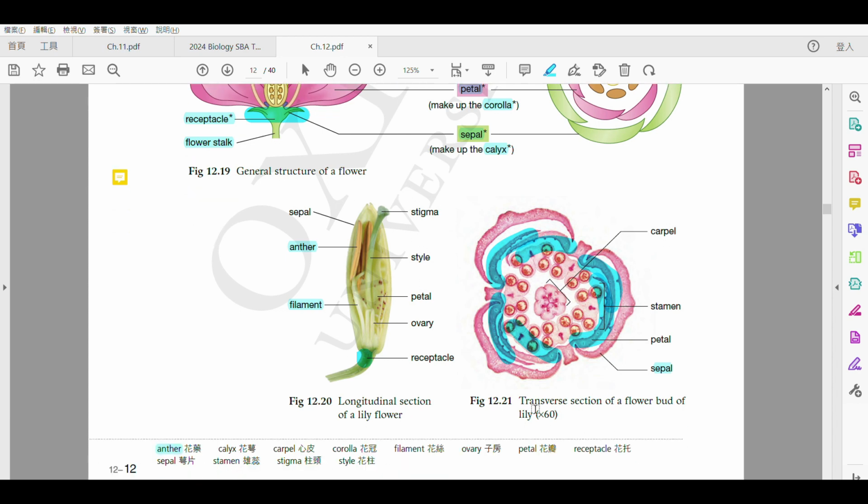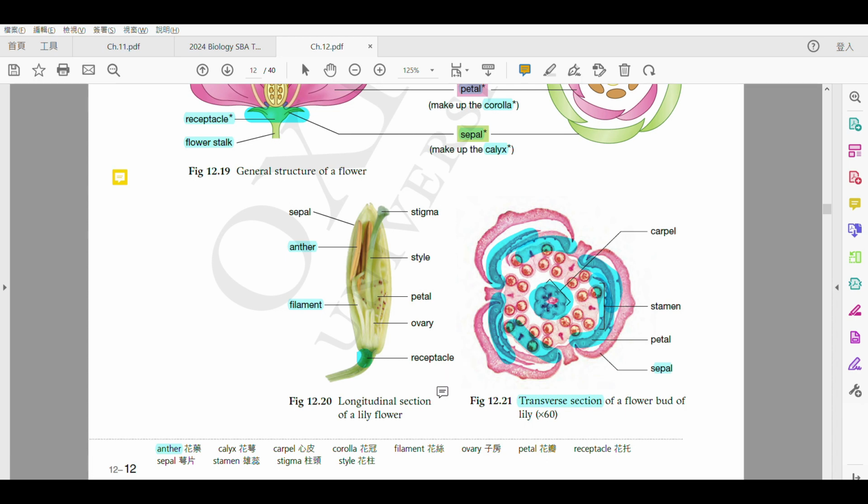And when you look at the transverse section, when you cut it horizontally, you can see that the stamen is surrounding the carpel. The male reproductive organs surround the female reproductive system.